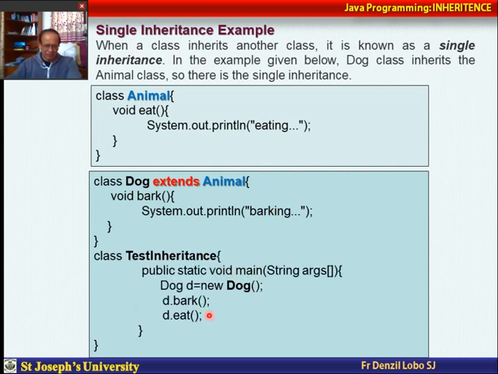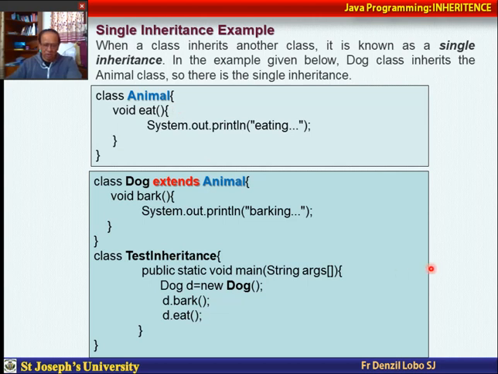I'm writing this class here, TestInheritance, to test this program, and you go to the main program here. In the main program, I create an object d of the type dog, and let us say d dot bark. That means it is the method of the dog class. But d dot eat is not part of the dog class, yet it is inheriting the method of the animal class.